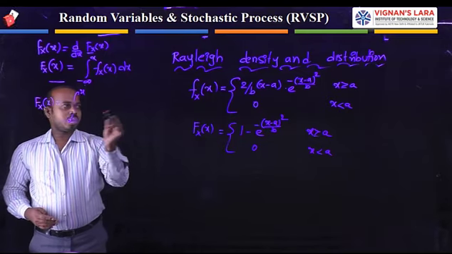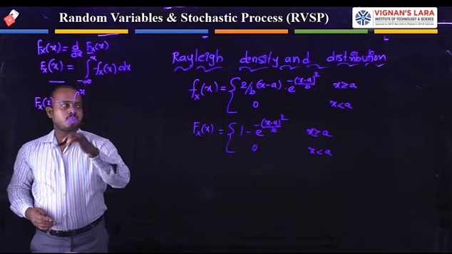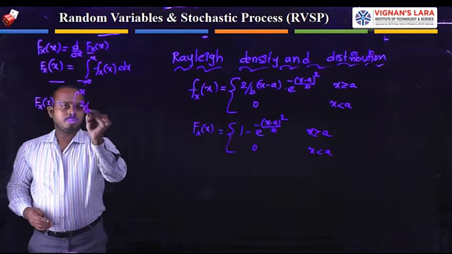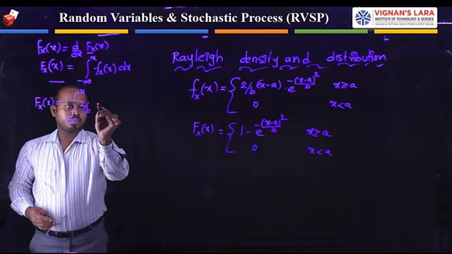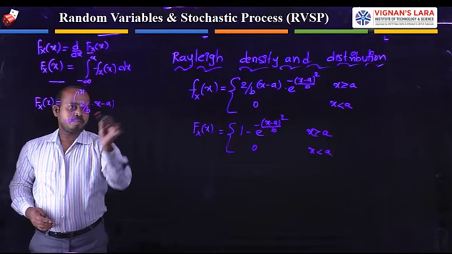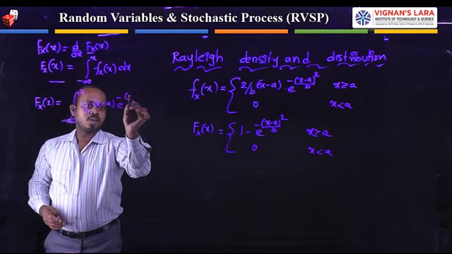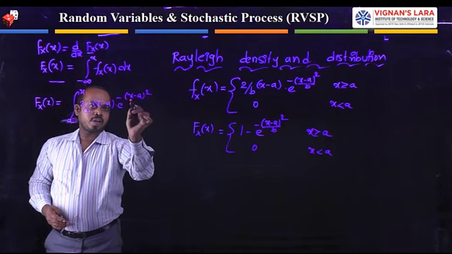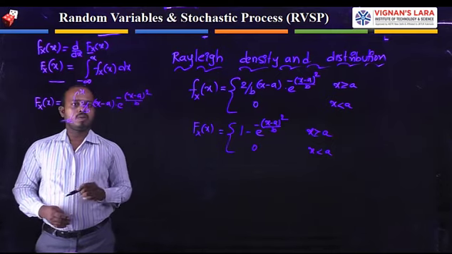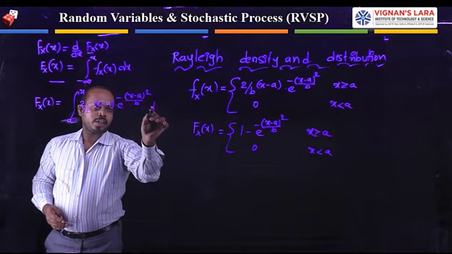Remaining, we directly substitute the density function value: 2 by b into x minus a into e power minus (x minus a) whole square by b into dx.